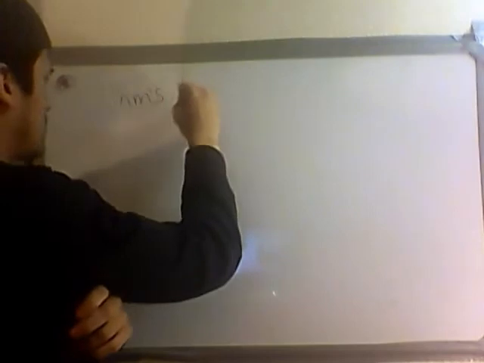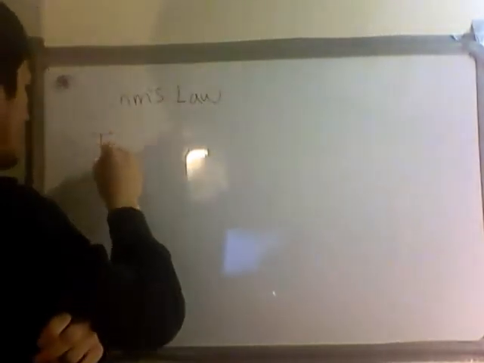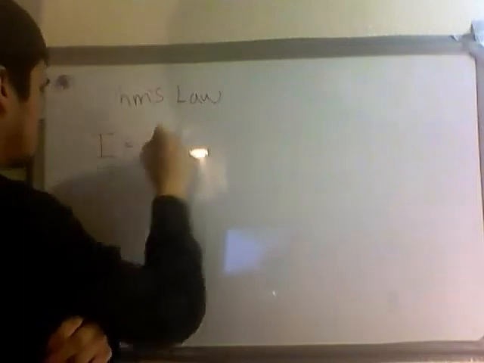This is Ohm's law right here. I hope you can see. Let's see how this works. So Ohm's law, that's O-H-M, and that was his law, and that says that I, which stands for intensity, is equal to voltage.